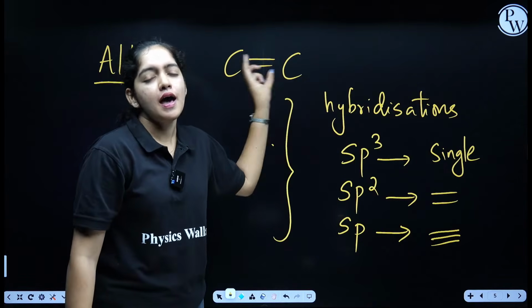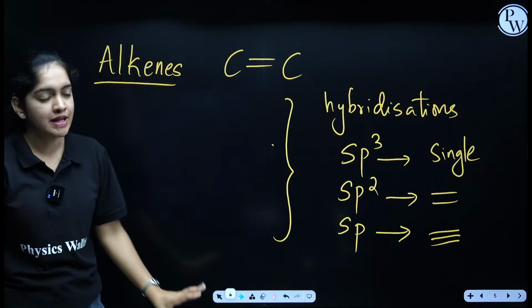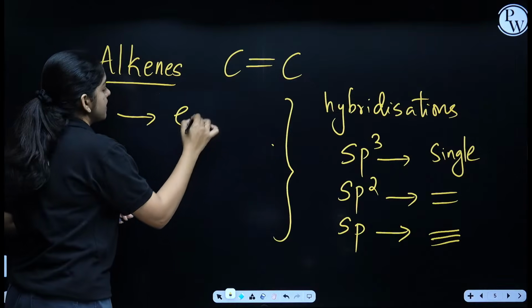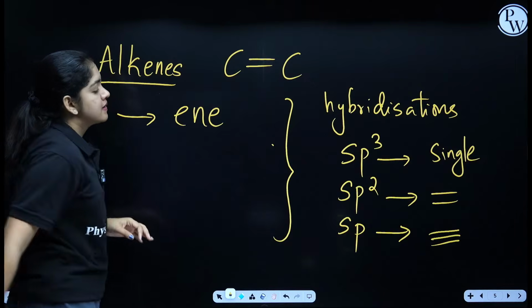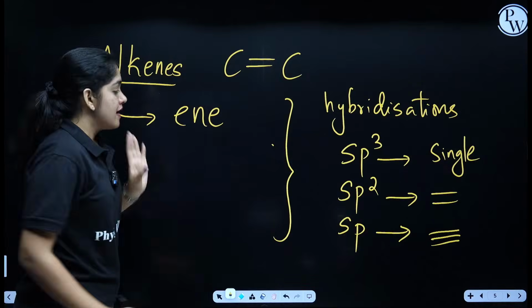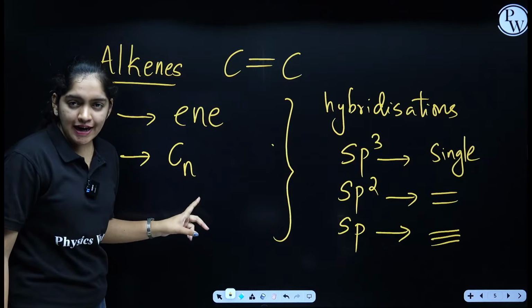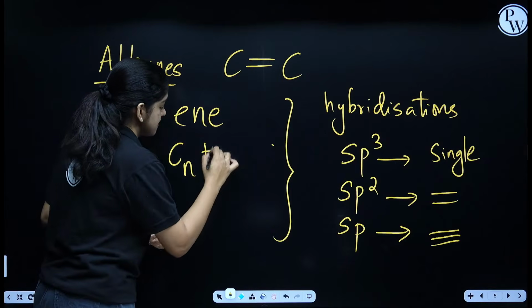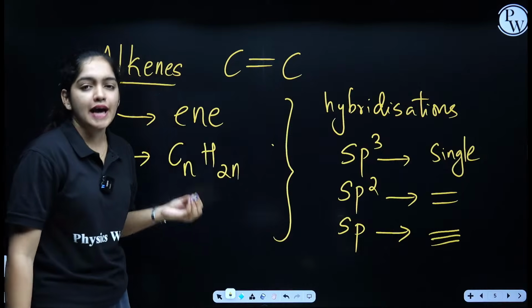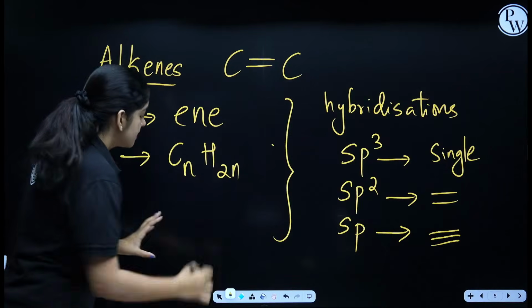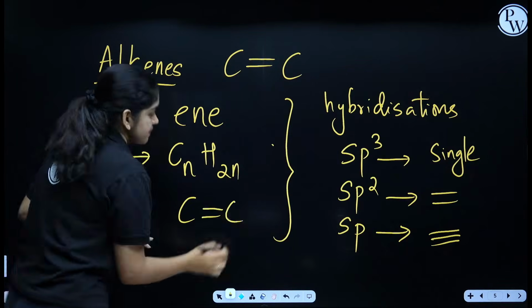Carbon, carbon having at least one double bond between them, and their name will be ending with ENE, ENE. And the general formula is, if carbon is N time, hydrogen will be how many times? Double the number of carbon. And one more thing is that C double bond C.